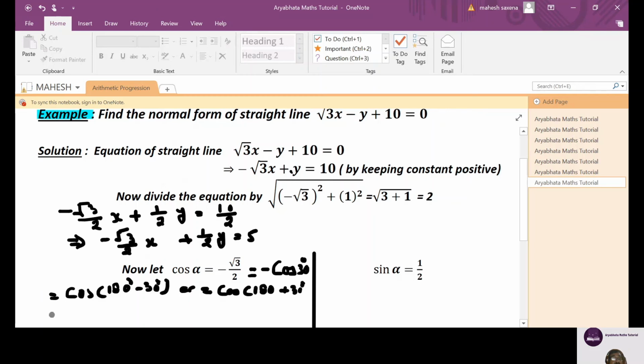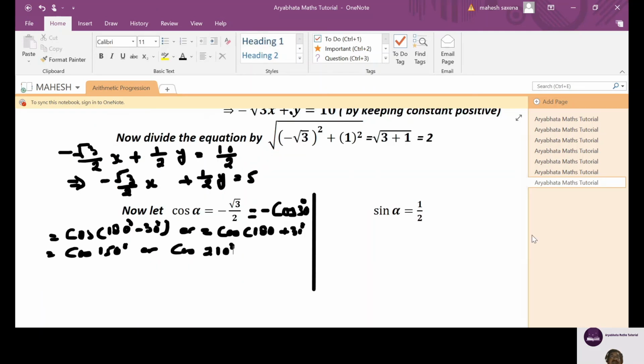Therefore, it will equal cos 150 degree or cos 210 degree. Therefore, in this case, alpha can be 150 degree or 210 degree.